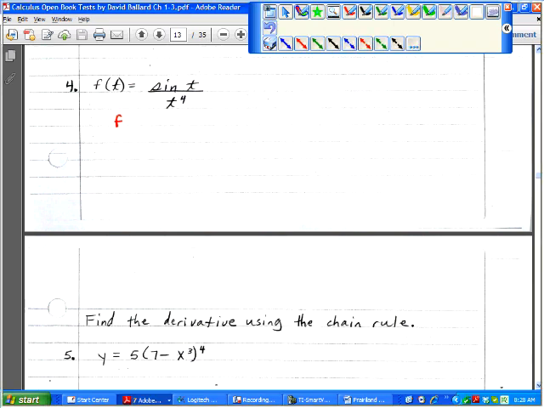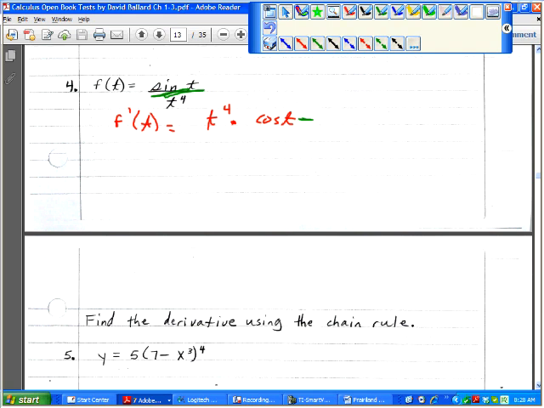We're going to have f prime of t is equal to, we're going to take the denominator, t to the 4th, times the derivative of the numerator. What's the derivative of sine t? Cosine t. And then when we were dealing with the quotient rule, there's going to be a minus in there, right?